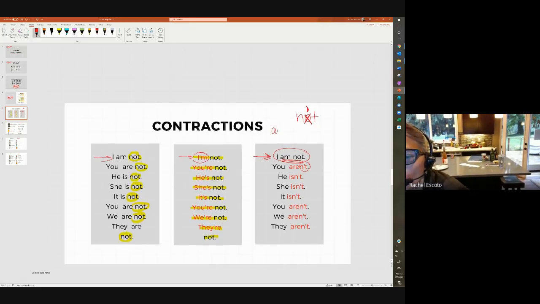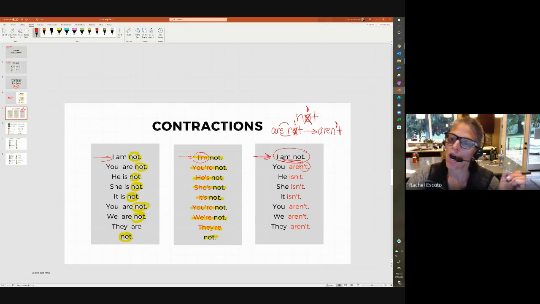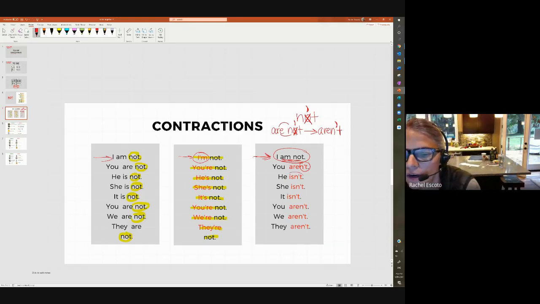So we go from are not, we get rid of this O, and we add an apostrophe, and we connect this, and so it turns into aren't. This one right here, we go from is not to isn't.